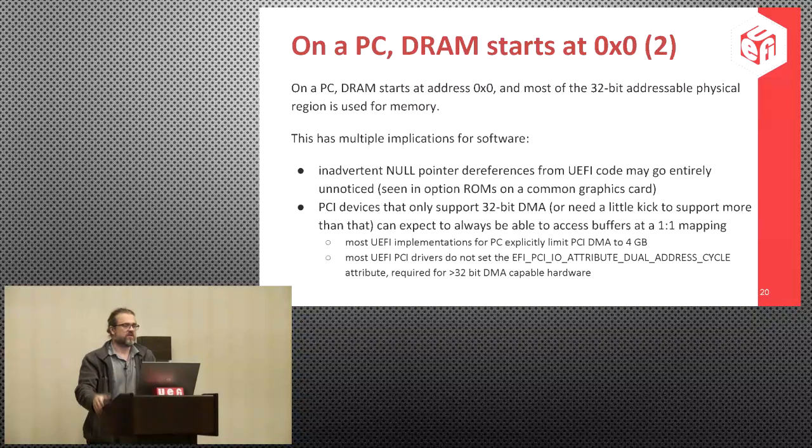If you don't do that, then the bus driver infrastructure will not permit DMA to an address above 4 gigabytes. Lots of drivers never bother to set that because on a PC you don't need it. When you're running in UEFI, you have plenty of memory to do DMA anyway, so why would you care about 64-bit DMA? But on an ARM system, there's maybe not any memory to begin with, and then DMA is just broken and you can't use the device at all.